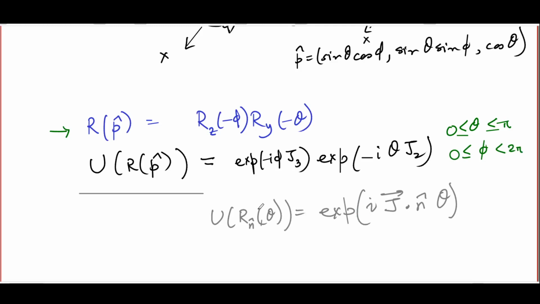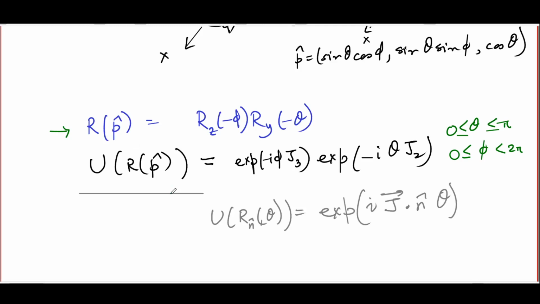The reason that he prefers stating this rather than this is the following. If you change phi, for example, by a 2 pi angle, you're essentially talking about the same rotation. So R_z(-phi) and R_z(-phi plus 2 pi) will be exactly the same, leading to the same R(p hat).